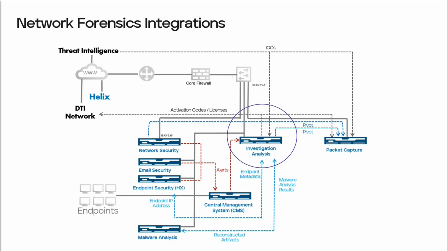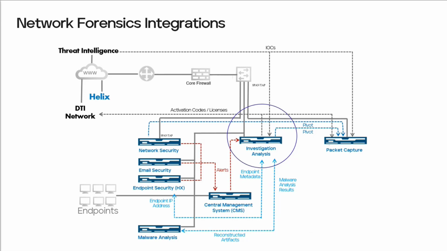Endpoint security, which is the Trellix endpoint security, also called HX, integrates with investigation analysis in that if you find a flow that you're interested in, and if there's a particular endpoint, you want to enrich the flow data that you have with metadata from the endpoint security system, HX.